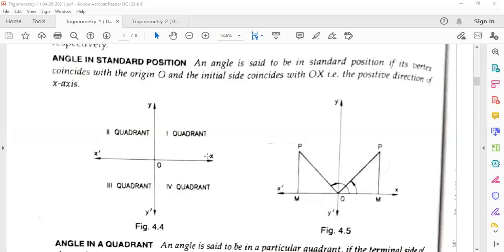Why is the x-axis called the real axis? Because in the number line, all the real numbers are situated on this XOX dash, that is the x-axis. All the purely real numbers are situated on the x-axis, so the x-axis is also called the real axis.